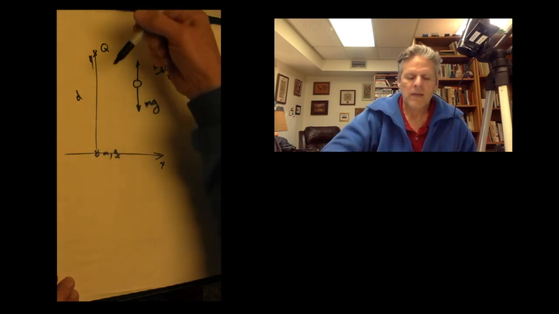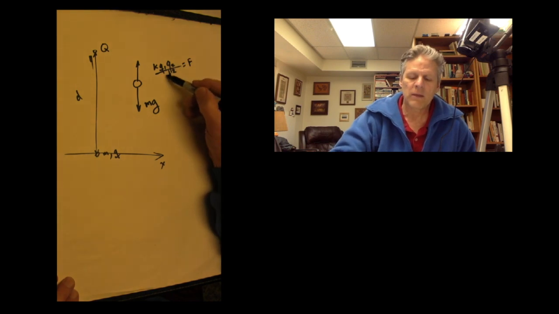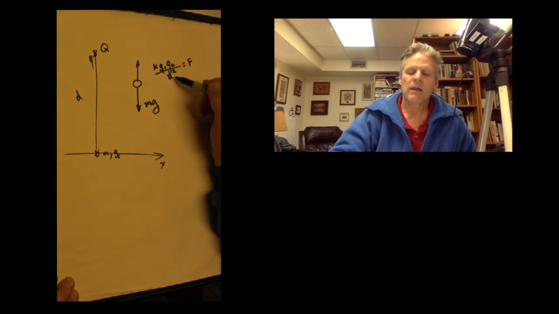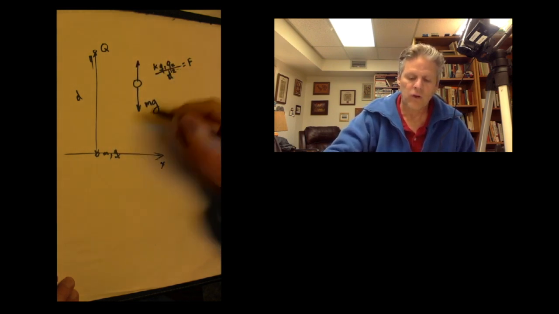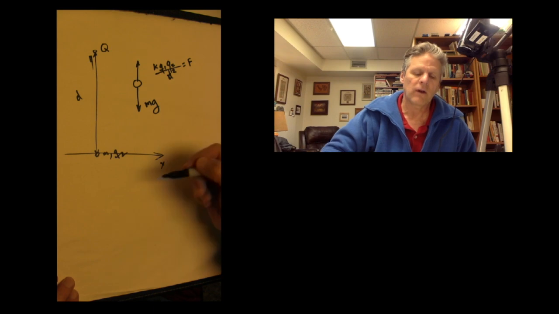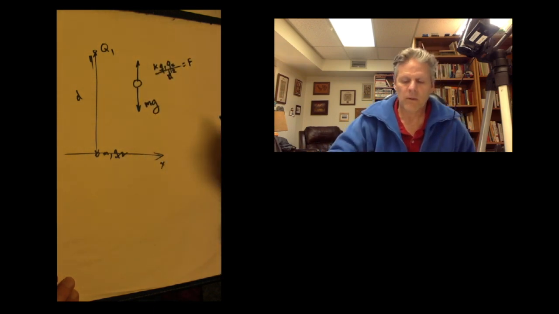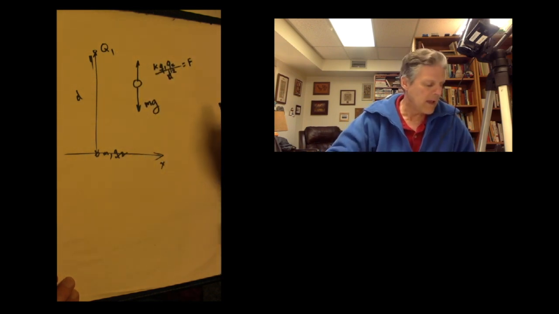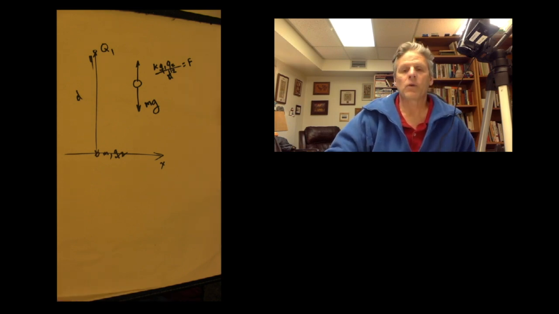And so that's going down, so this would need to be a minus sign in order for this to be an attractive force, which means that since Q2 down here is positive, Q1 needs to be negative.